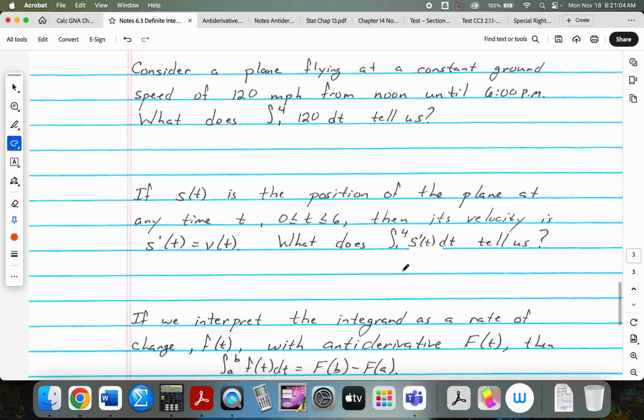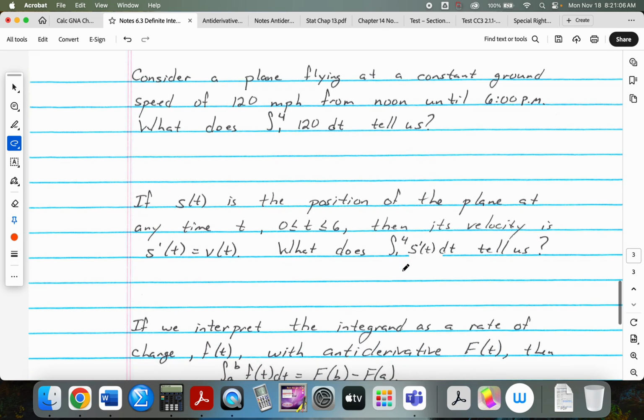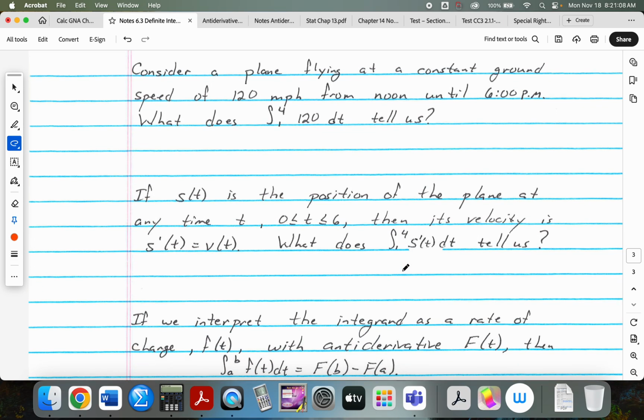So let's look at page 3. So consider for a second a plane flying at a constant ground speed of 120 miles an hour from noon until 6 o'clock p.m. What does the integral from 1 to 4 of 120 dt tell us? Well, this is our rate of change, and we're doing that over this time interval.